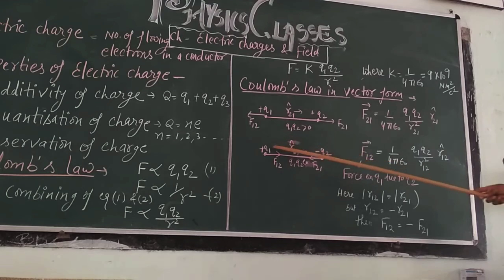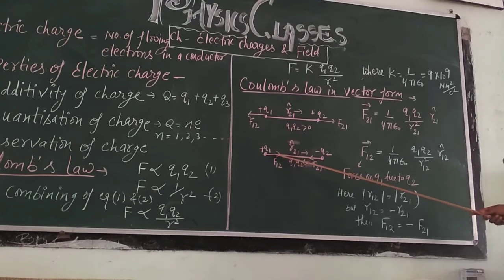Again, if one of q1 q2 is positive and the other is a negative charge, then q1 q2 is less than 0. Either q1 is negative or q2 is negative. Then the nature of the force becomes attractive. This arrow is towards q1 and q2, from q1 towards q2 and from q2 towards q1.